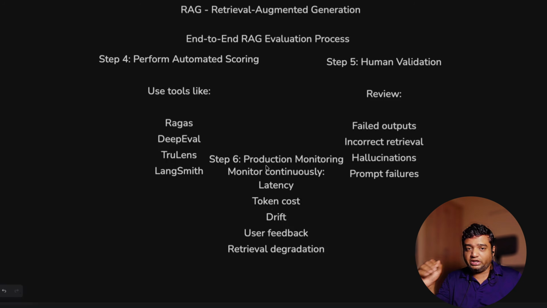You should have continuous monitoring which tracks latency, meaning the time difference between giving the request and getting the answer, token cost, drift, meaning answer drift, user feedback, and retrieval degradation. You can create a dashboard on this, or use a tool and create a dashboard on it, which will give you all this information continuously.